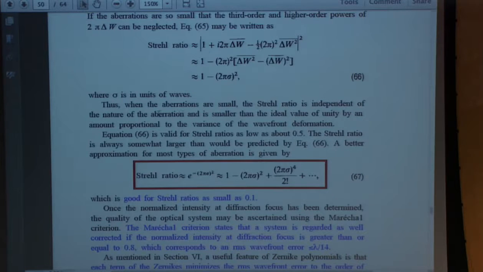Independent of what the aberration is. As long as the aberration is small, the Strehl ratio goes as 1 minus 2 pi sigma squared, independent of what the particular aberration is. So isn't that neat?